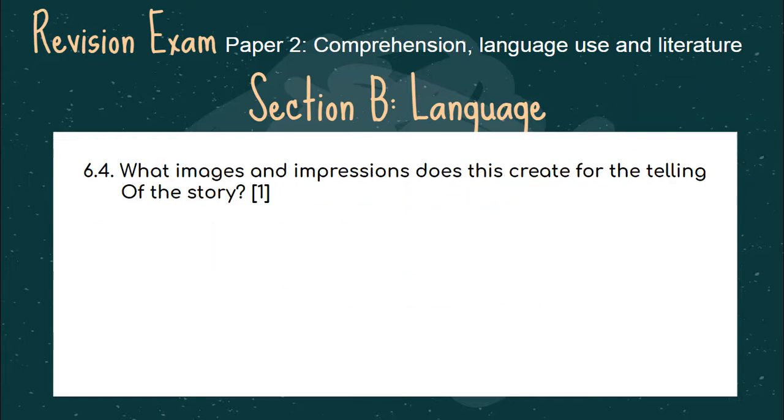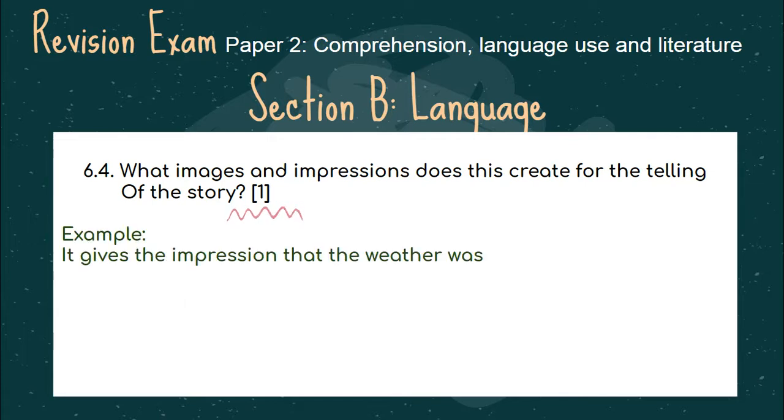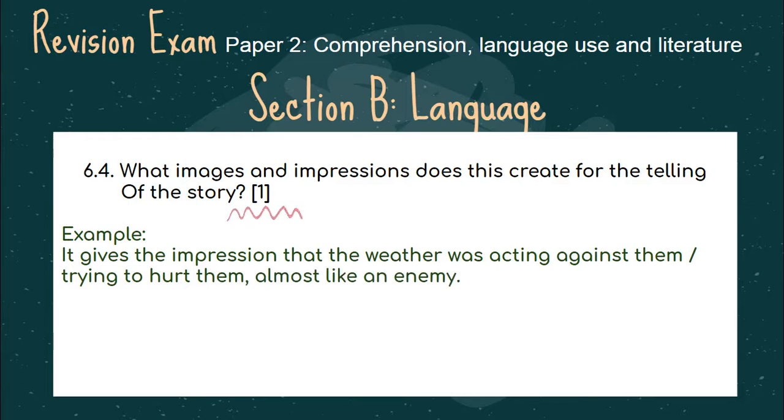All right, 6.4. What images and impressions does this create for the telling of the story? That's 1 mark. Here's an example. If you're not sure how to word the answer, you could have said it gives the impression that the weather was. And I thought that all that personification gave us the impression that the weather was acting against them. You could have said maybe trying to hurt them or to harm them, almost like an enemy.